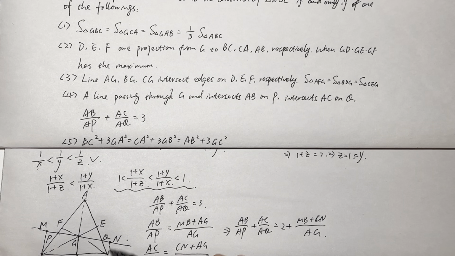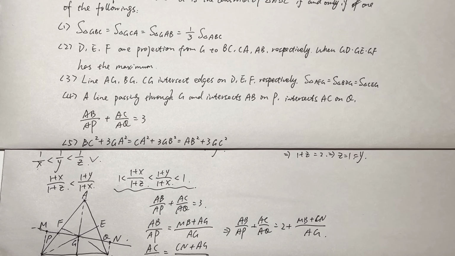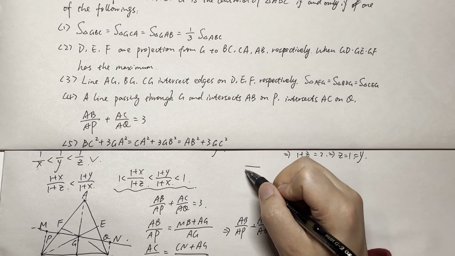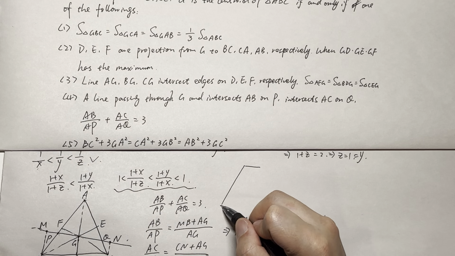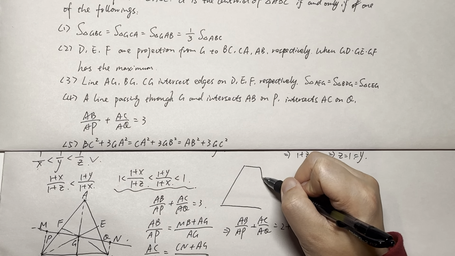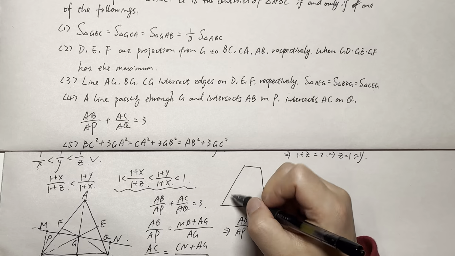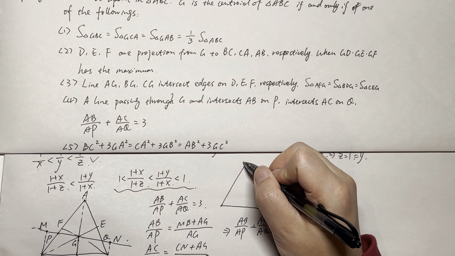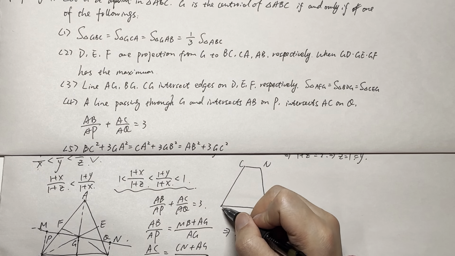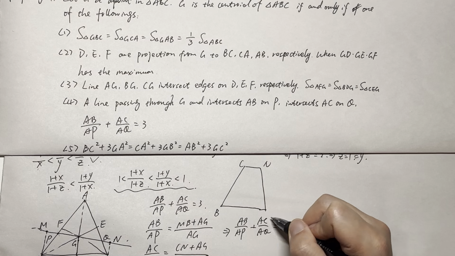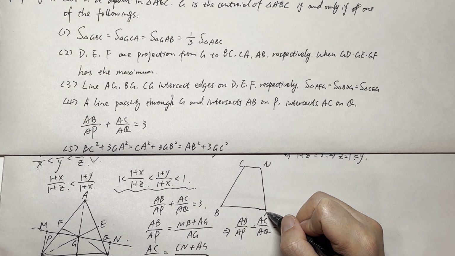Because MB is parallel with CN, MBCN is a trapezoid, right?